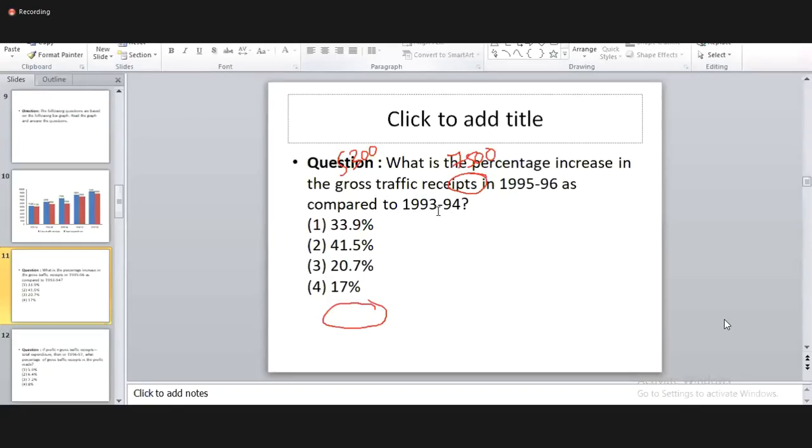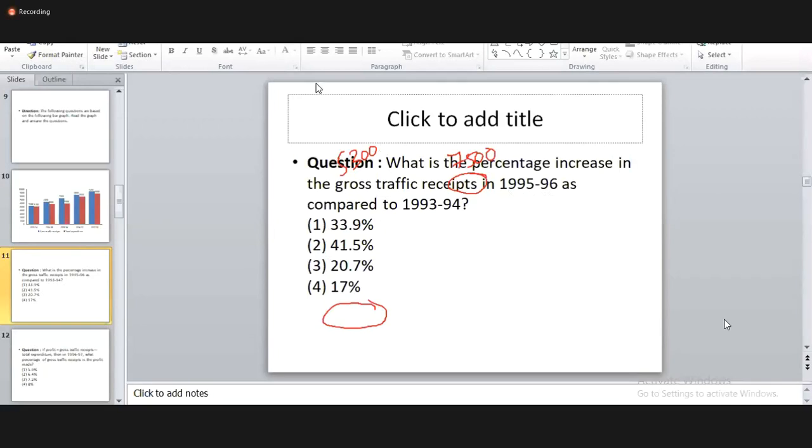Definitely, as compared to 1993 to 1994, there is an increment. Yes or no? How many thousand was it increased? 5,300 and 7,500. Yes. So how much did it get increased?